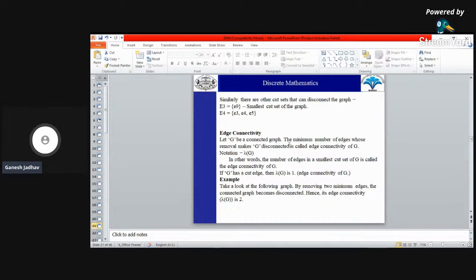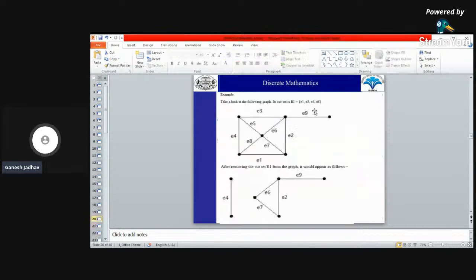In other words, the number of edges in the smallest cut. So here you can see this graph, and whenever you cut this, this is the smallest, E9. How many connections are here?